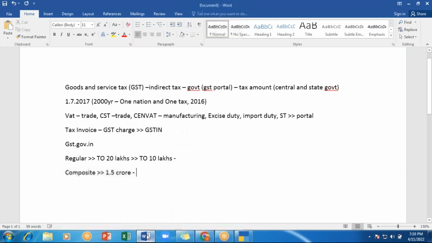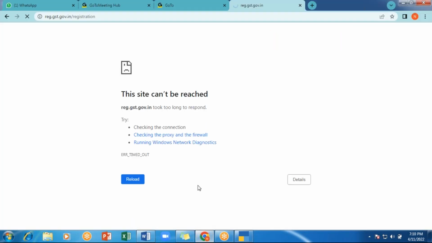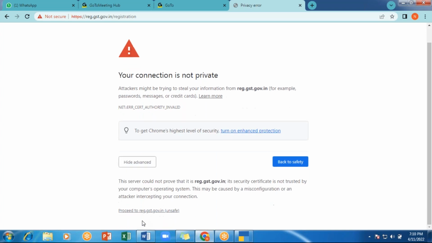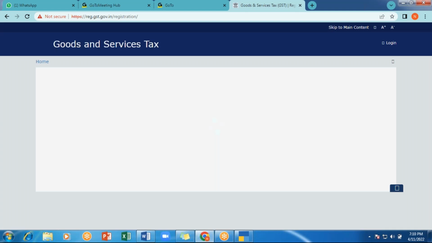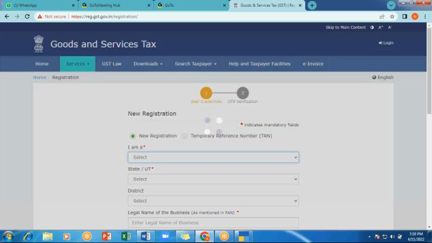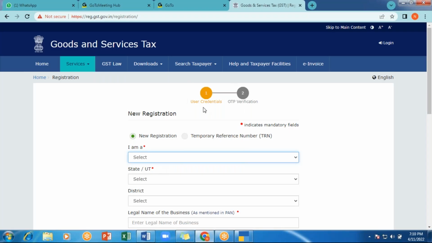So like this, first two steps will open. The third step will open after these two steps.